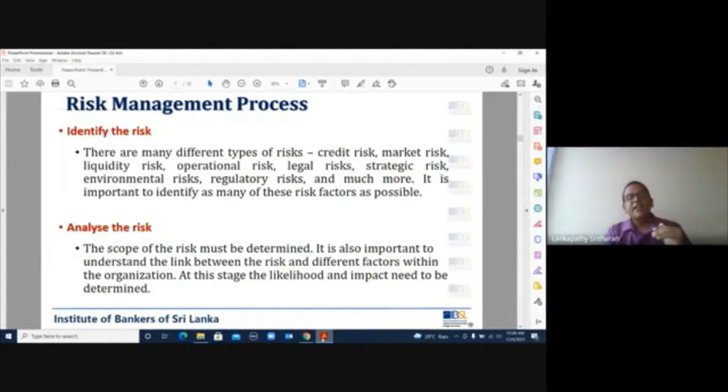The second one is to analyze the risk. They have to analyze what would be the total losses, and what would be the likelihood and impact. When they are analyzing, they have to analyze two things: the likelihood and the impact. Likelihood means the possibility of that particular risk occurring, and if it occurs, what would be the impact.